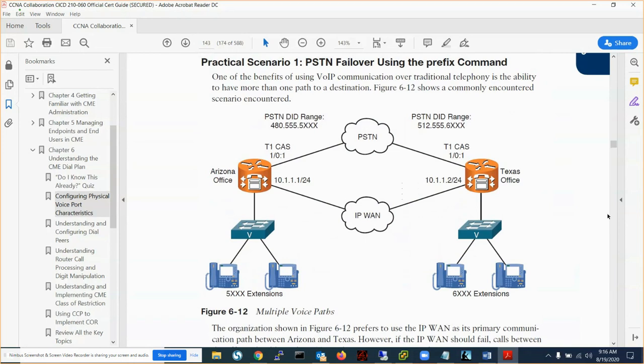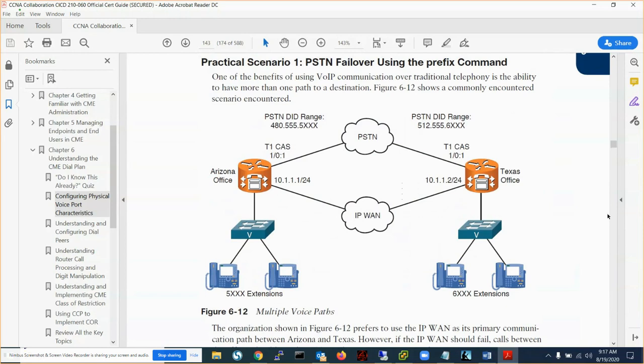So the PSTN ID range 480.555.5xx, where the xx is the wildcard here, and then you have 512.555.6xx as the other wildcard for this.